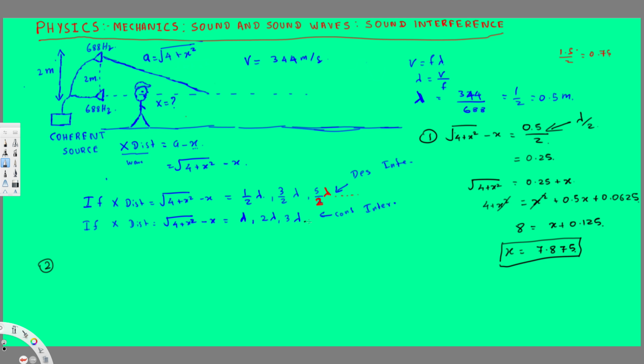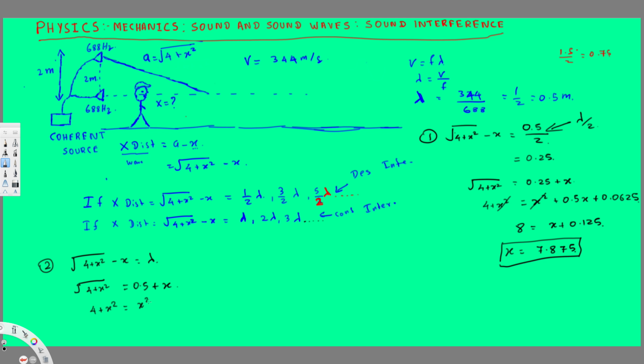Then let's do this situation right here. This also goes on, like 2 lambda, 3 lambda, 4 lambda, 5 lambda. So here we have square root of 4 plus x square minus x is equal to lambda. We know that lambda is equal to 0.5, so we can equate square root of 4 plus x square is equal to 0.5 plus x. Then if I square both sides, we get 4 plus x square.